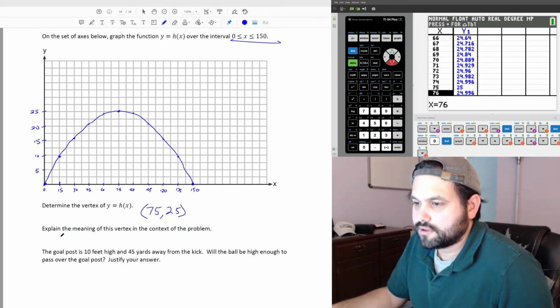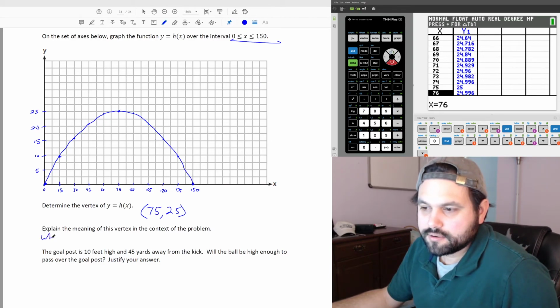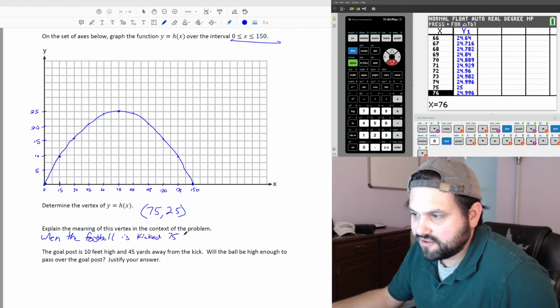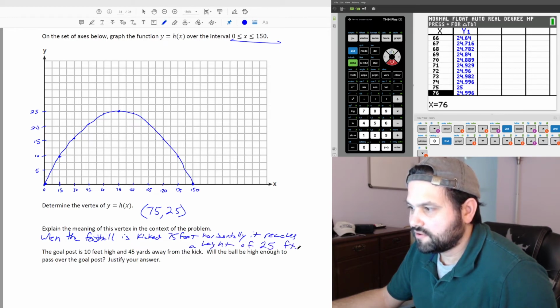So we can say that when the football is kicked 75 feet horizontally, it reaches a height of 25 feet.